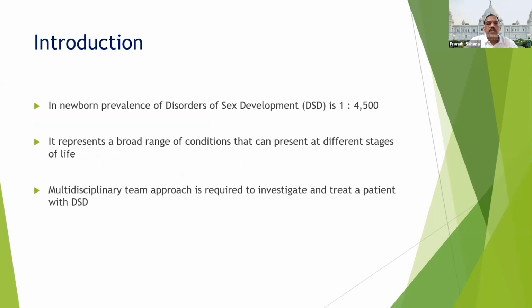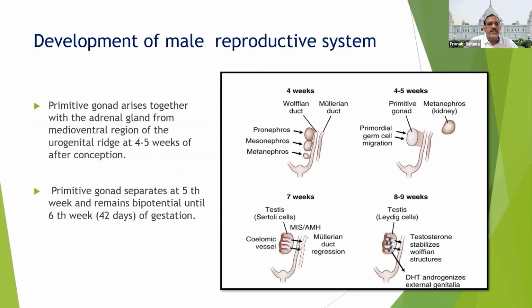If we look into the development of the male reproductive system, we can see that primitive gonads arise along with the adrenal gland from the medioventral region of the urogenital ridge at about 5 weeks of life, and the primitive gonad separates after that and remains bipotential until the 6th week of life, that is 42 days of gestation.